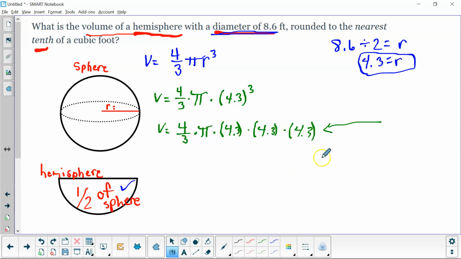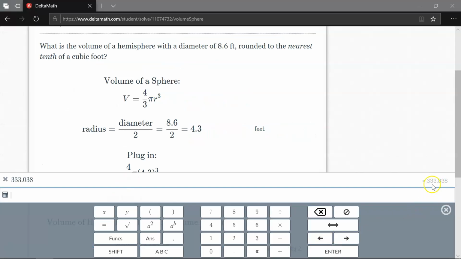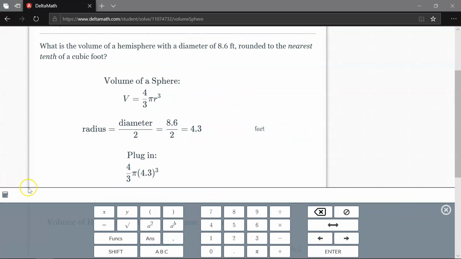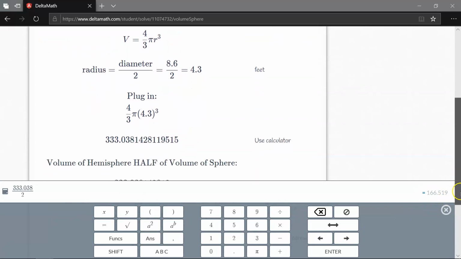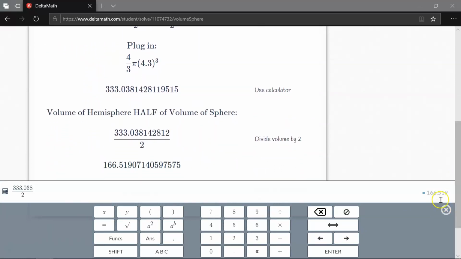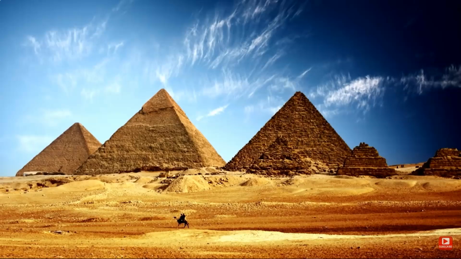And remember, we still have to take that answer, which is the volume of the sphere, chop it in half by dividing by 2. And I get 166.51. And that concludes our trip to Egypt.